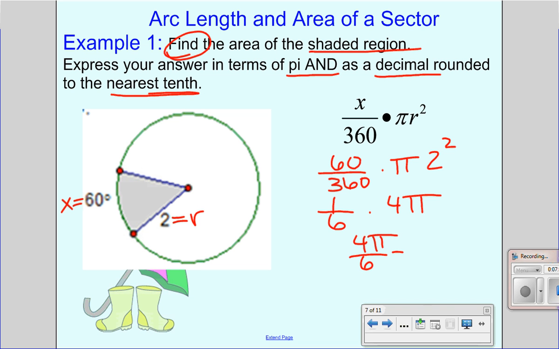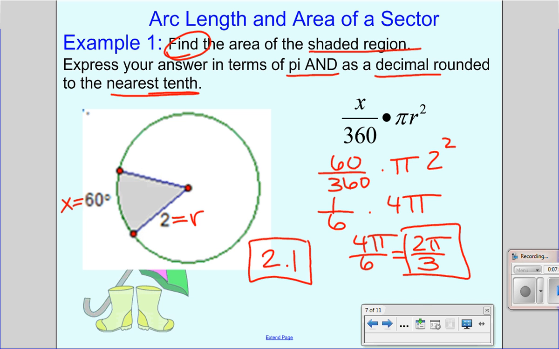If we simplify that, remember those are both even numbers, so we're going to divide both by 2. So we're going to have 2 pi over 3. That will be in our pi form. And for our decimal, we just plug 2 pi divided by 3 into our calculator, and we're going to get a value of 2.1 in decimals.